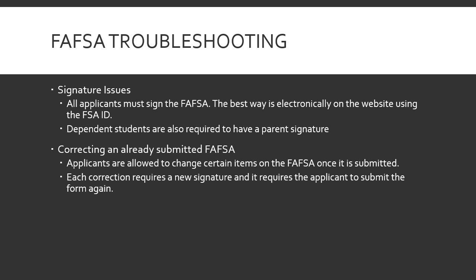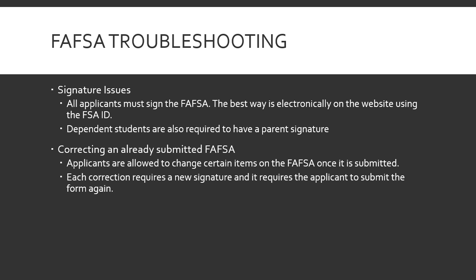That is sufficient for your electronic signature. Remember that for dependent students, again generally under the age of 24, those students are required to have a parent signature on the FAFSA as well. A lot of times we see a student has signed the FAFSA but not a parent, and it's not considered a valid FAFSA. We're not allowed to award any financial aid until all signature requirements are met.